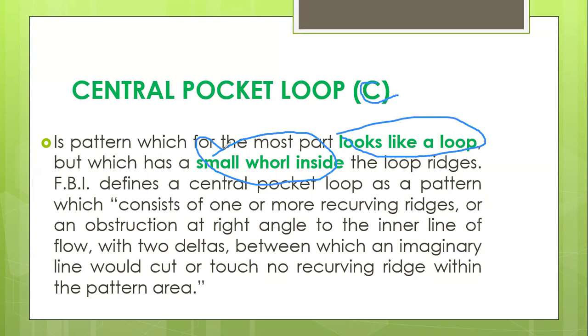The FBI defines a central pocket loop as a pattern which consists of one or more recurving ridges. Of course, there is a recurving ridge, because the general perspective of this pattern looks like a loop, with an obstruction at a right angle in the inner line of the pattern area, and having two deltas.